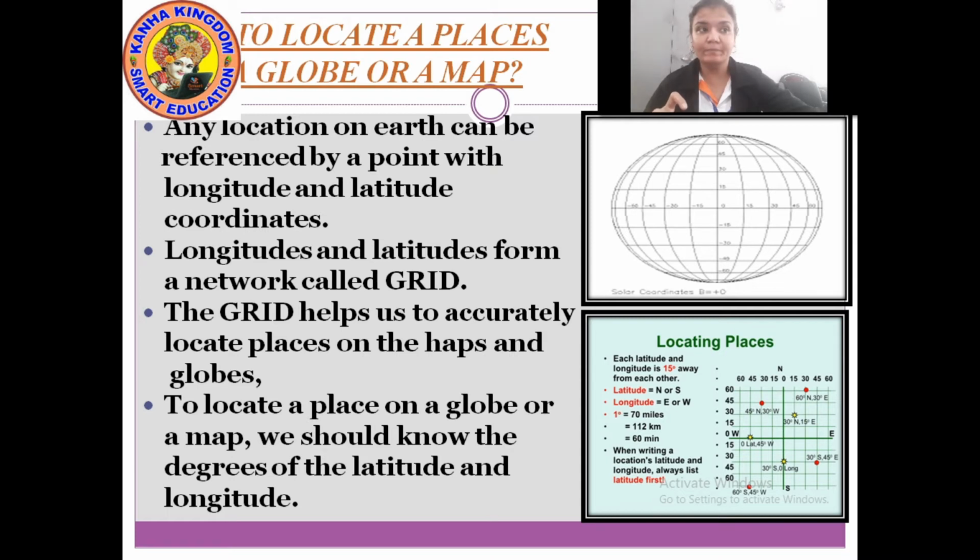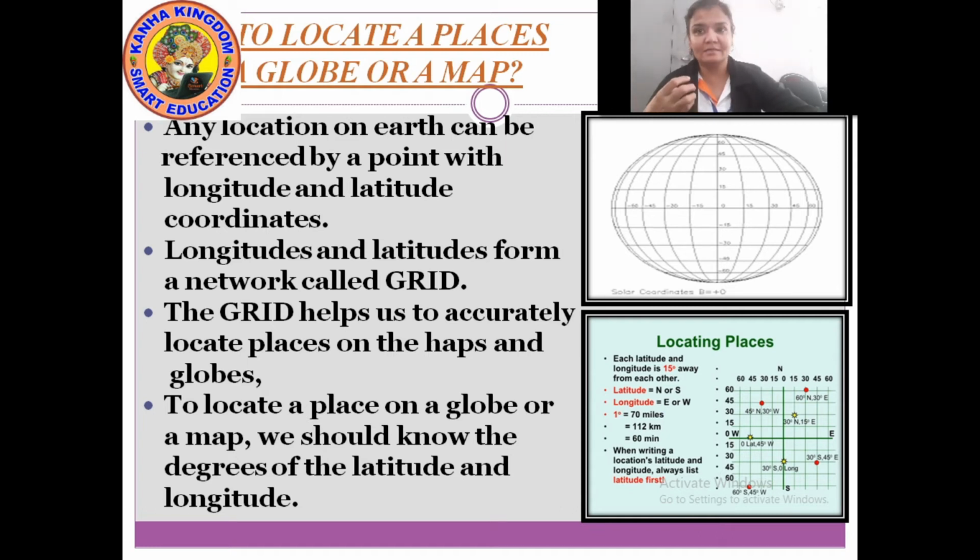Now, to locate a place on a globe or a map, we should know the proper degrees of latitude and longitude. Where are these located on the globe? On which degree? 90 degrees, 180, or, as we had seen, the Tropic of Cancer and the Tropic of Capricorn.